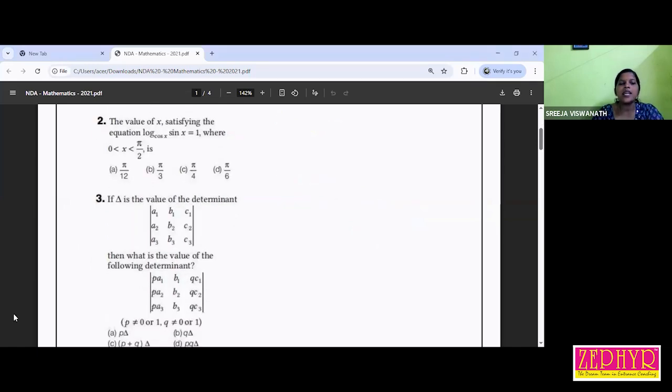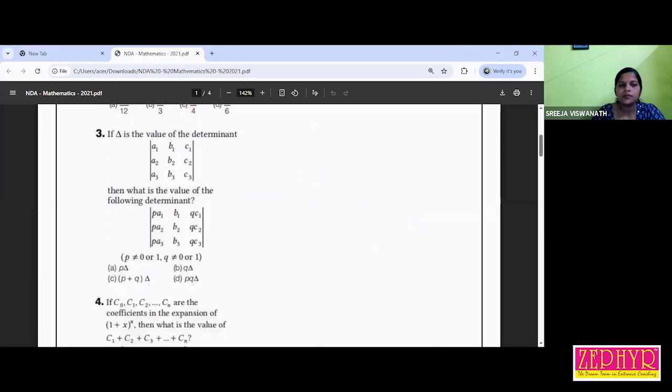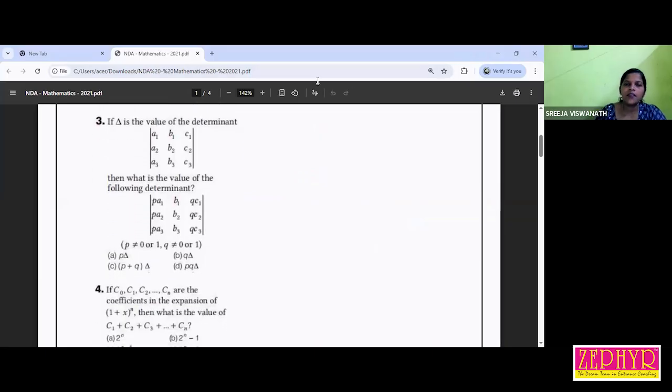If delta is the value of the determinant, then what is the value of the following determinant? Everyone, try to answer. Given that the determinant with rows A1, B1, C1, A2, B2, C2, A3, B3, C3 is equal to delta.